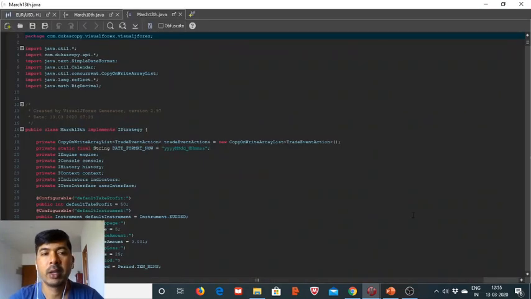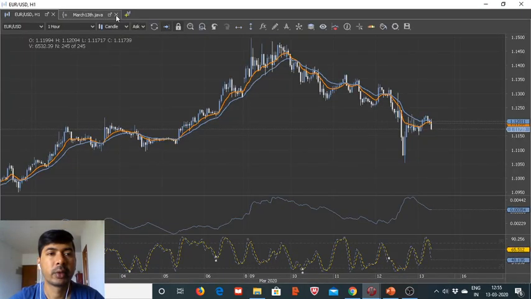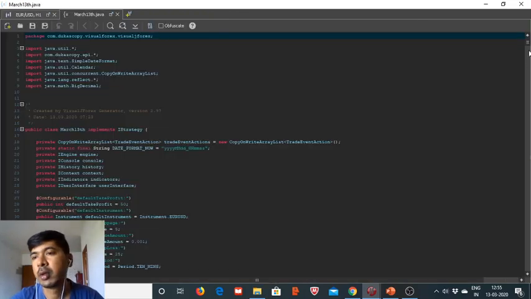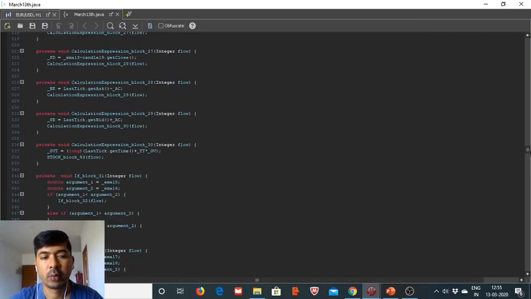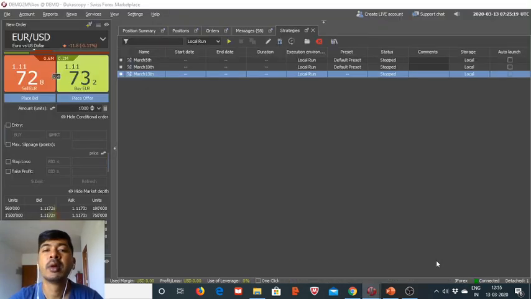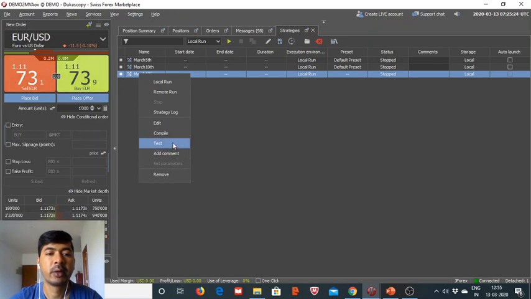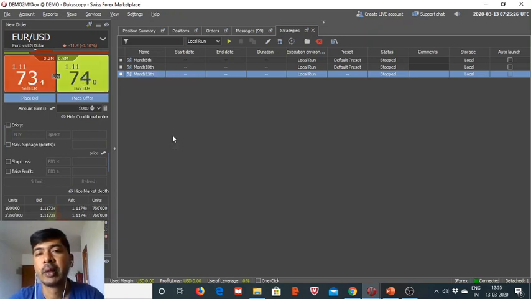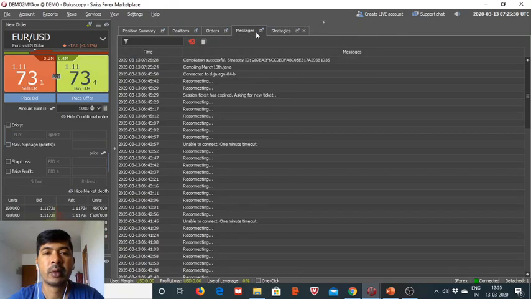So we will compile it now. This is today's code, and it was yesterday. This is the today's code, and as you can see, it is almost 1100 lines, more than that. Let's compile it so that it becomes machine readable and we can carry out the testing. Yes, compilation successful. That's good.